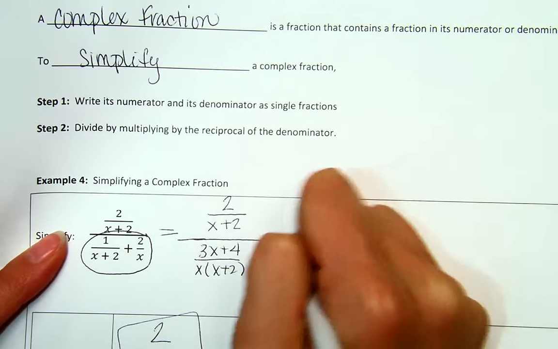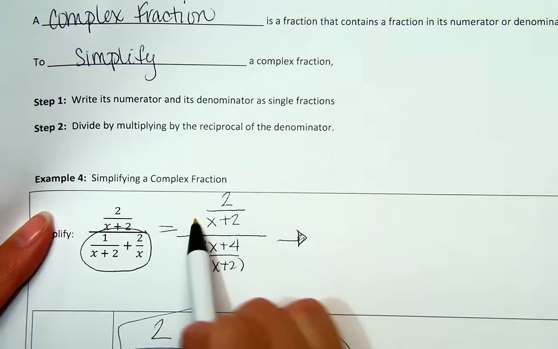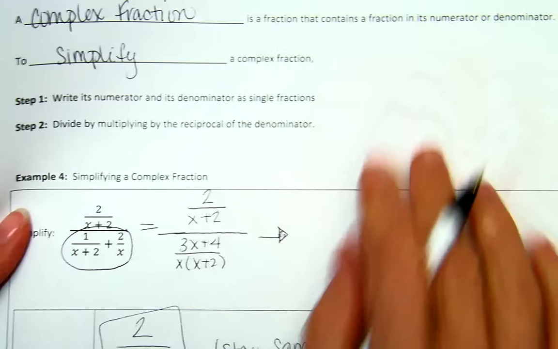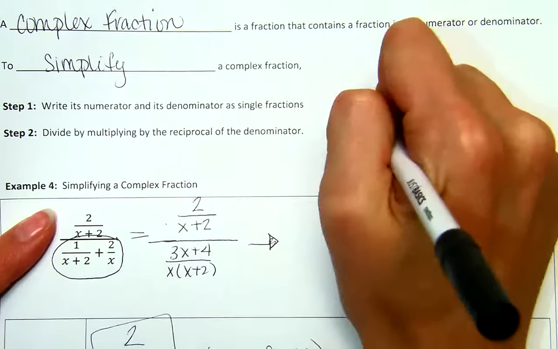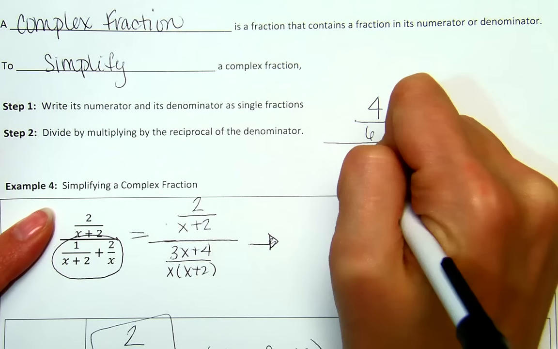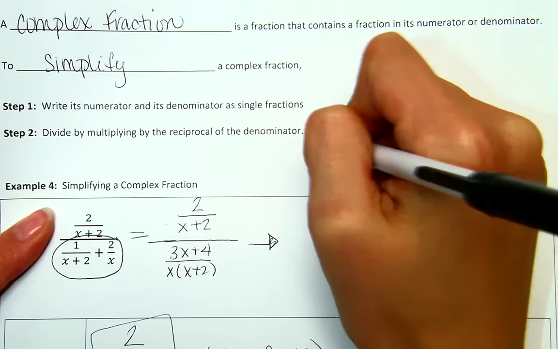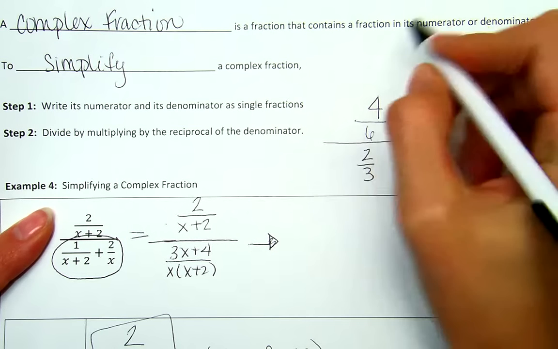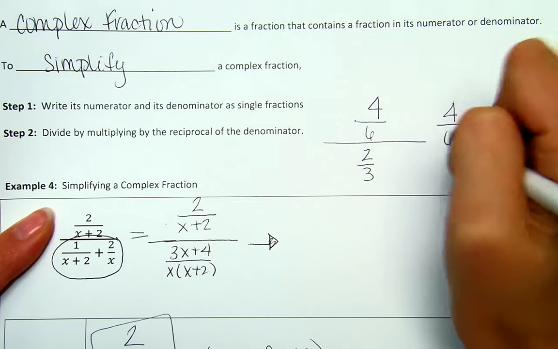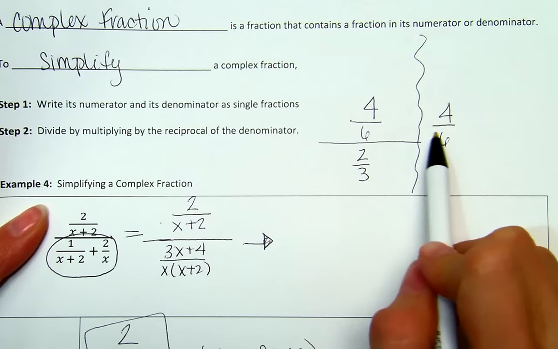All right? So now to deal with this, my top fraction divided by my bottom fraction, if I give you an example like 4/6 divided by, let's say, 2/3, remind yourself that when you divide two fractions, you keep your first fraction as it is. So 4/6 stays as it is.